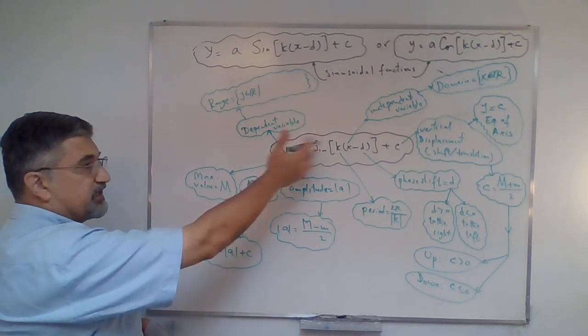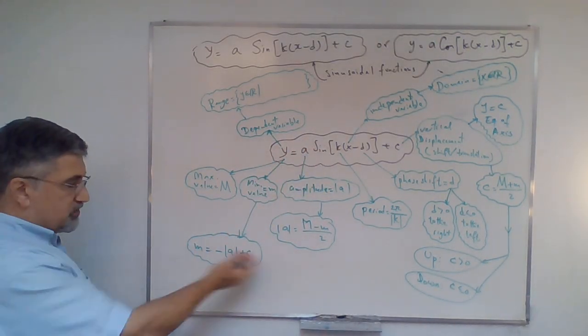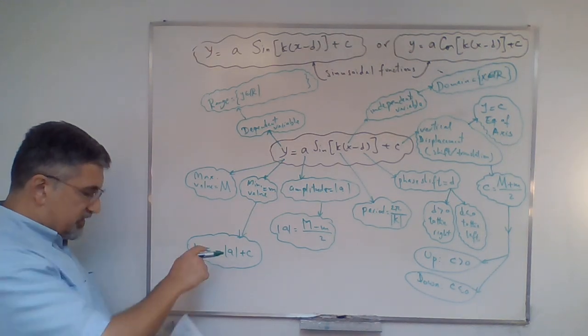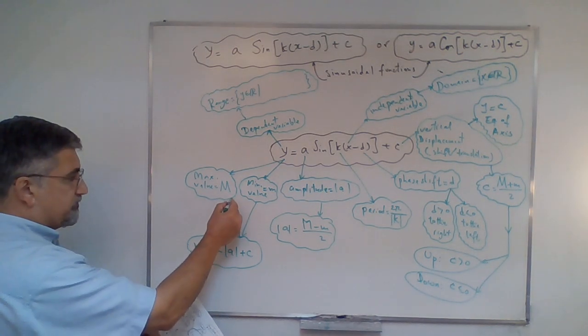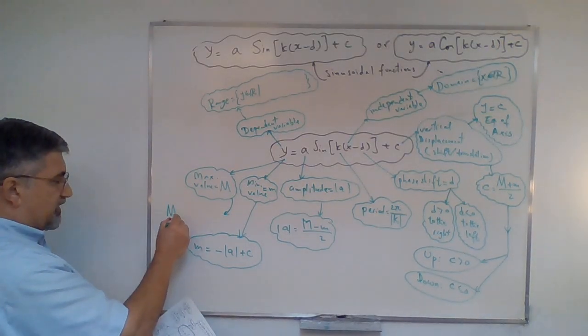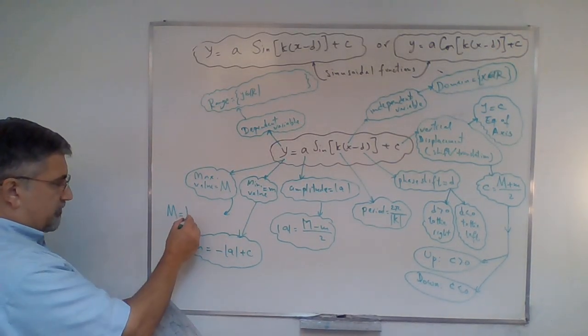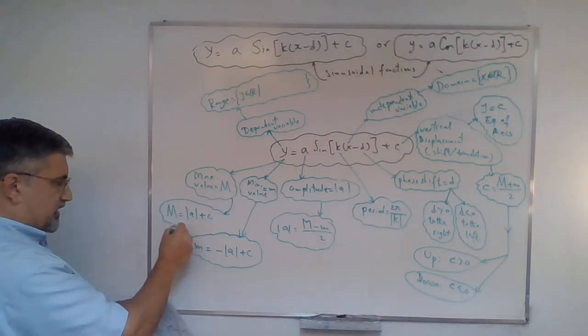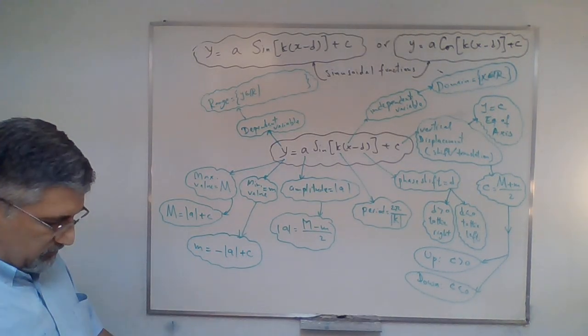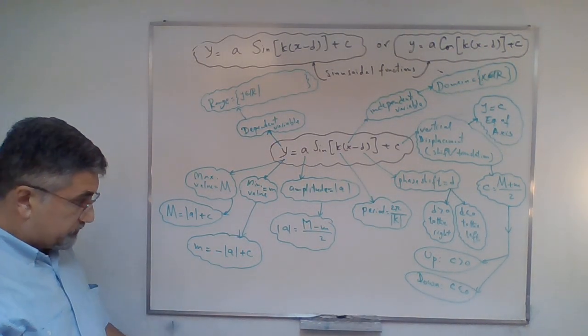So if you know the values of A and C and you want to find the minimum value, this is the formula you can use. It's going to be C minus absolute value of A. In case of max value, you can say the max value of the function is the absolute value of A plus C, of course. So that will be the maximum value of the sinusoidal function.